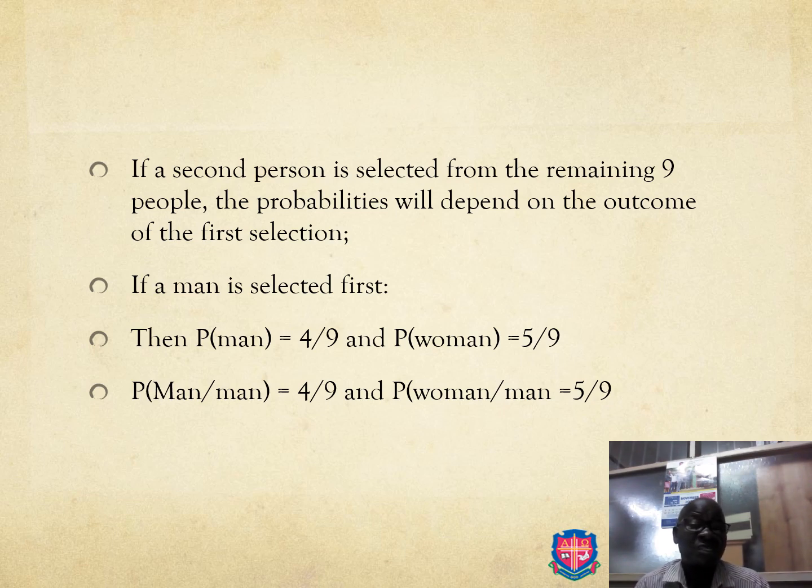And for the probability of selecting a woman, provided the first one selected was a man, the women are still 5. So the probability will be 5 over 9. That is represented down there: the probability of selecting a man, provided the first one selected was a man, is 4 over 9. And the probability of selecting a woman, provided the first one selected was a man, is 5 over 9.